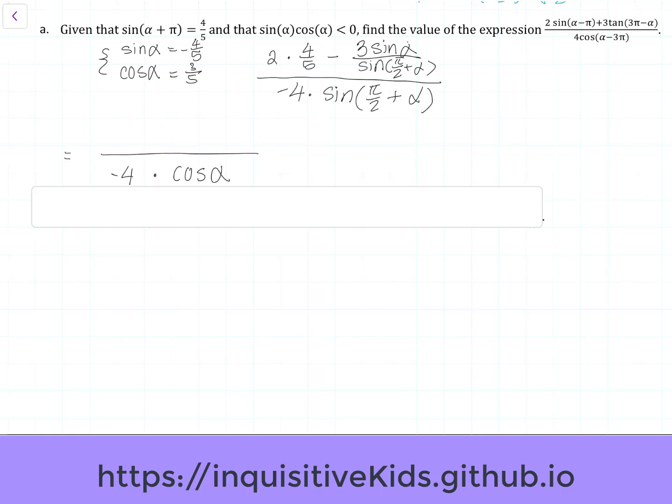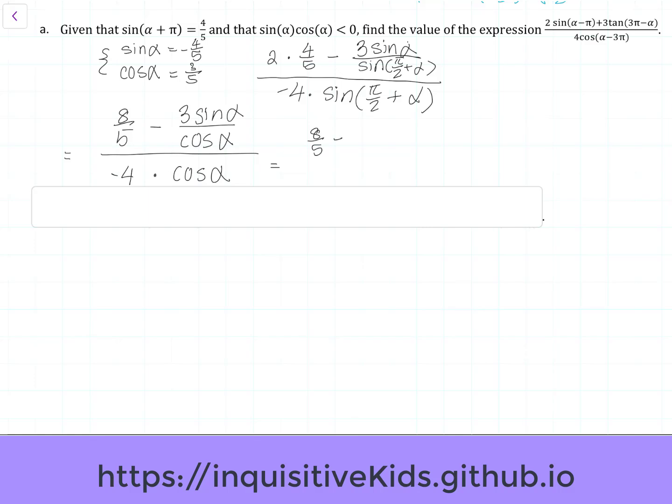So on the bottom, we have that as cosine. And on the top, if we simplify a little bit, we have 8/5 minus 3 times sine alpha over cosine alpha. Now, all we have to do is substitute the values we got from earlier.